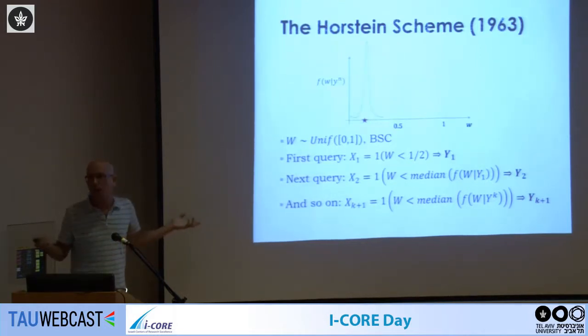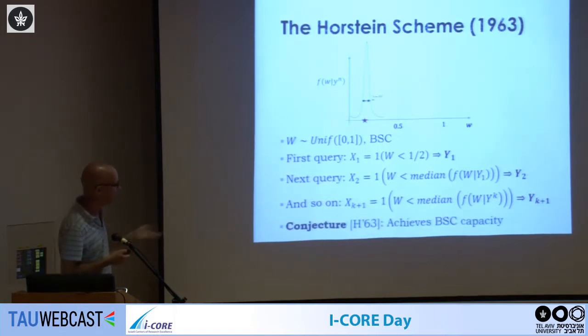Hopefully, after n questions, maybe n is large, you get some concentration around the true message point or the true target, so you can locate it. That is not guaranteed, you have to prove that this happens, but this is what you would hope. And this is what Horstein, back in '63, conjectured.